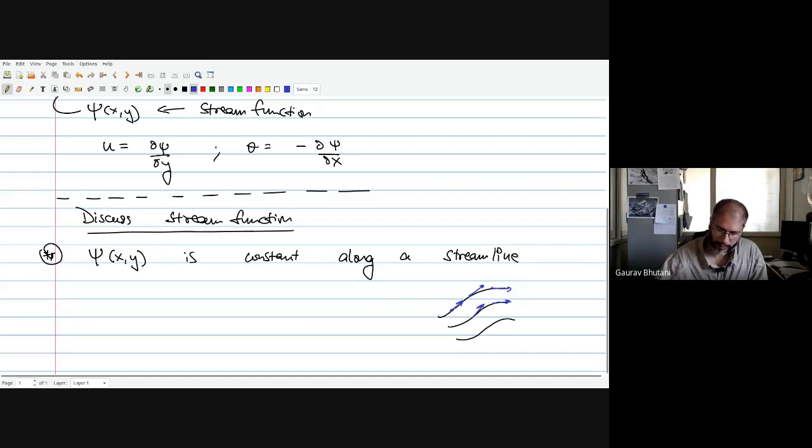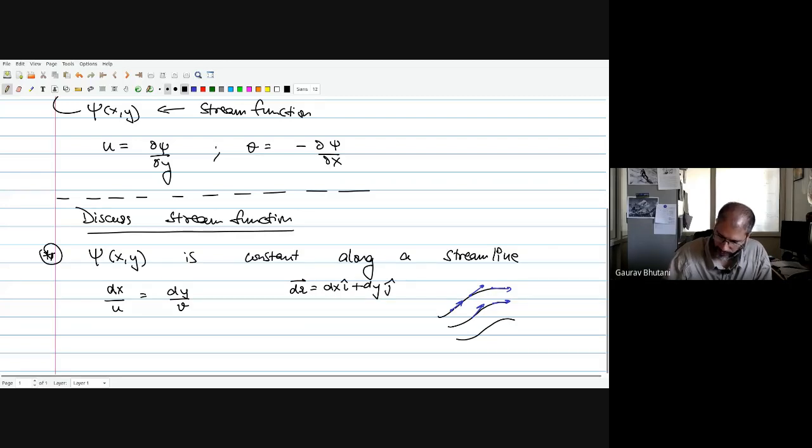So these are streamlines, and we also talked about the equation. Since the infinitesimal length vector is proportional to the velocity component, we can write the equation of streamline as dx by u equal to dy by v, where dx and dy are such that your dr vector is written as dx i plus dy j.